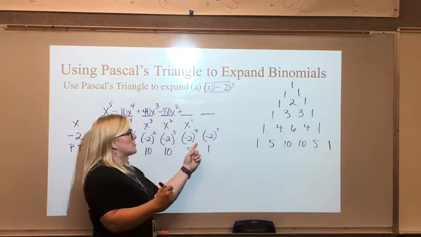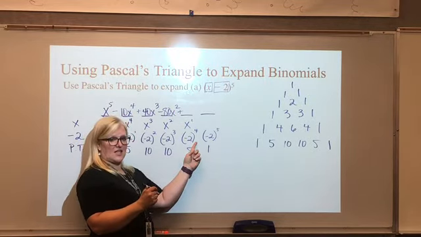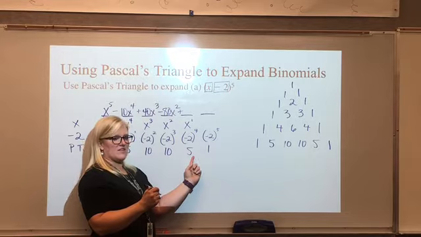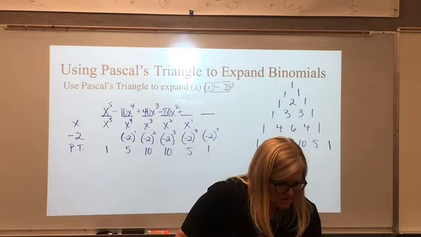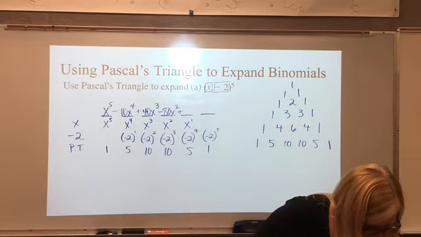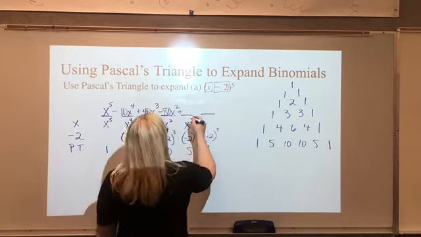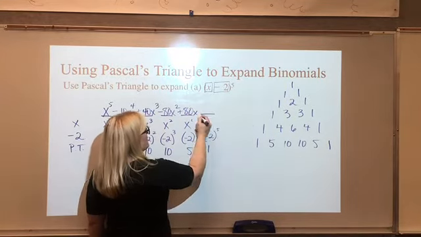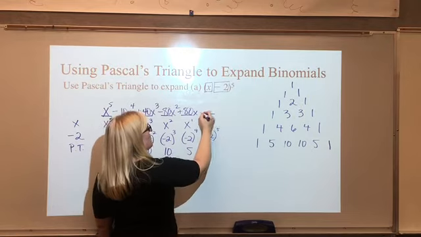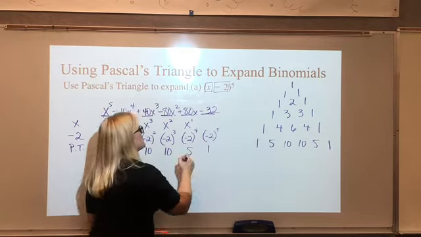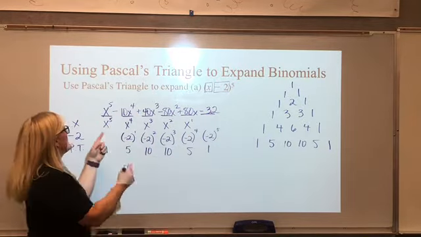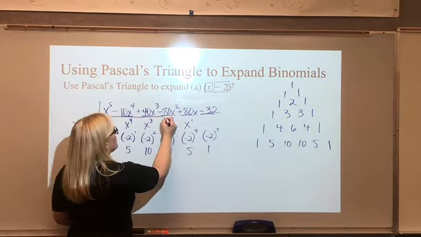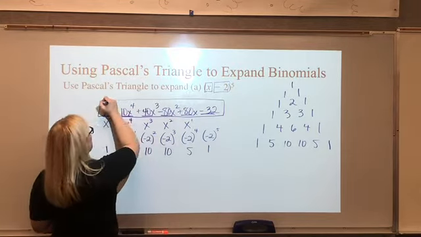This will be a plus. 2 to the 4th power is 16, times 5 is 80. Yep, 80x. Then negative 2 to the 5th power is negative 32. So x minus 2 to the 5th power is this polynomial right here.